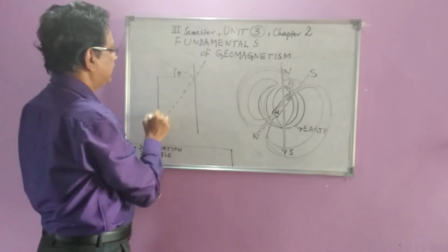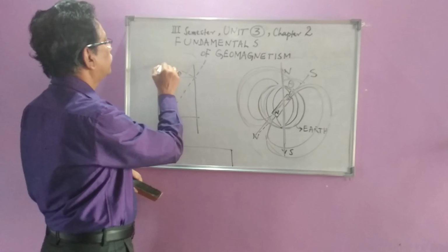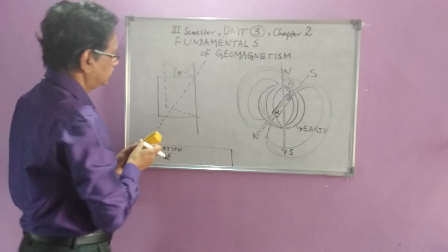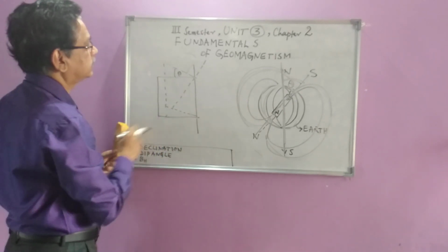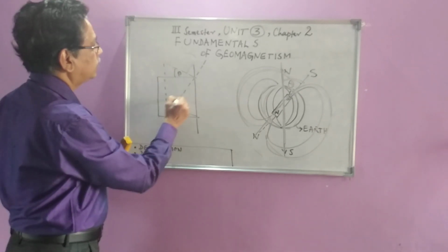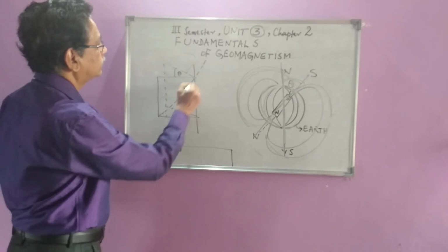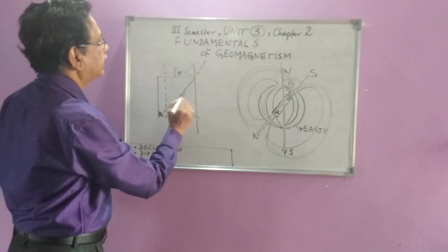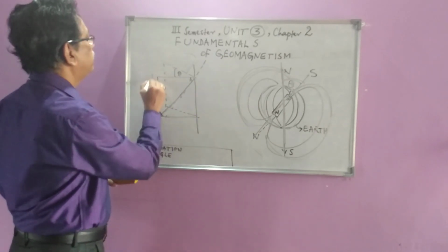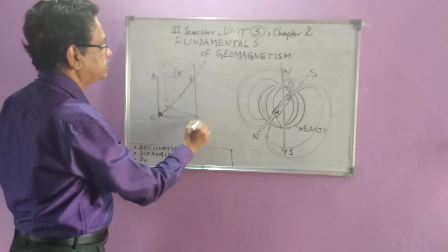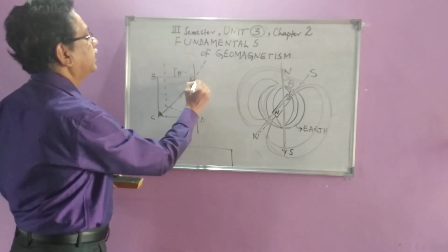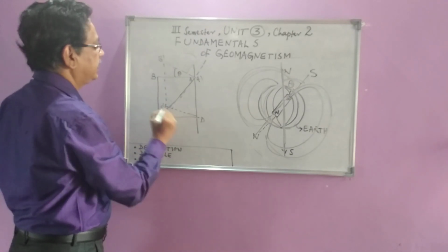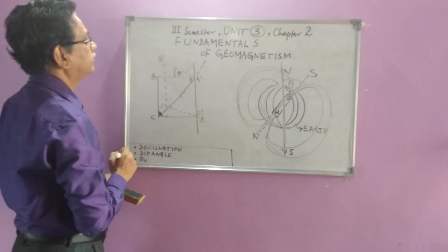Now, I'll complete this rectangle. If you take this as A, B, C, D, and this is A dash, B dash, C dash and D dash.